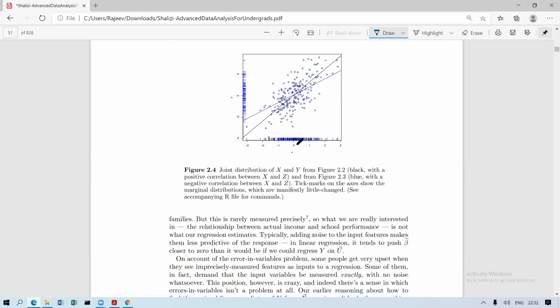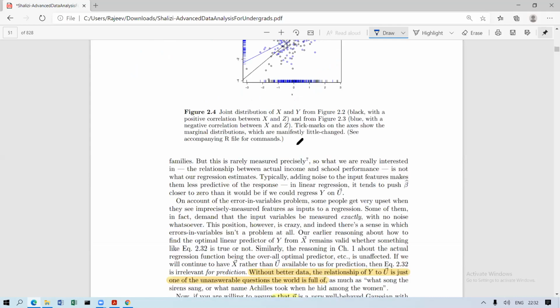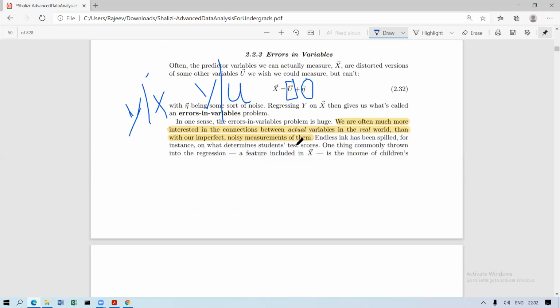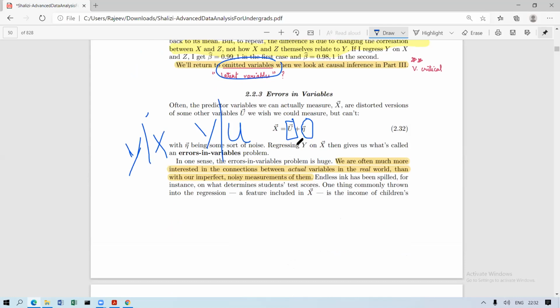But then further on he says that this is alright because in principle, even in your testing or in the future, you are never going to be able to separate u and n. So even though you are interested in y of u, what you have modeled is y on x, and since you can never separate u and n, the testing data and the future predictions you are always going to do on this model.